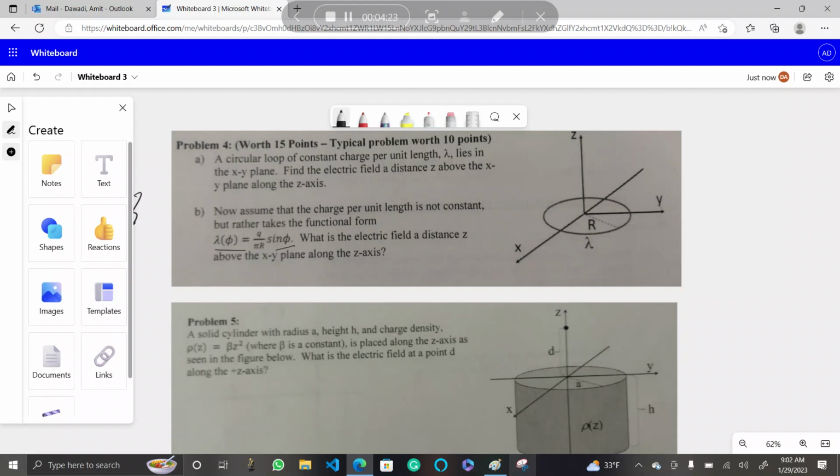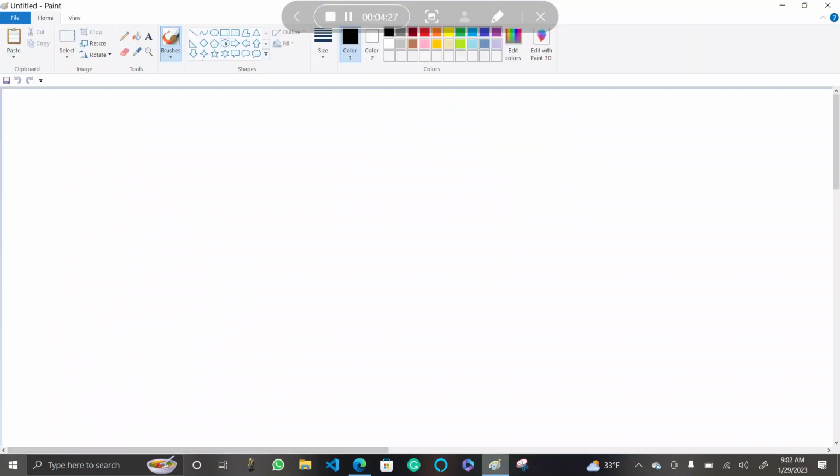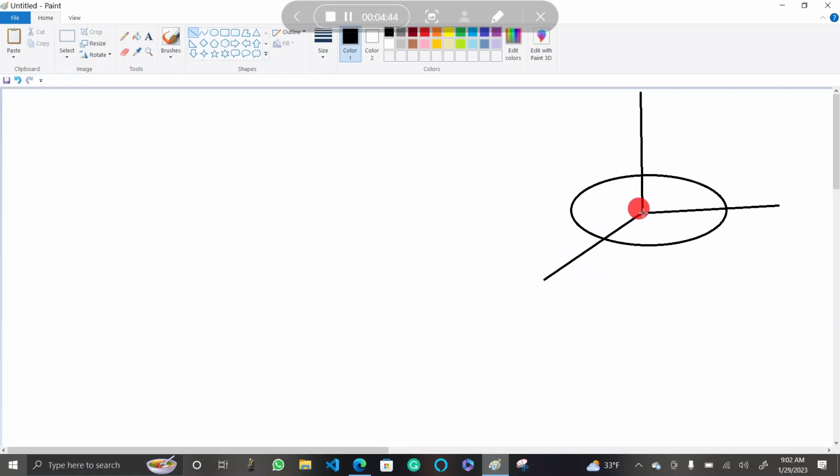I have here a circular loop. This is the x-axis, this is the y-axis, and this is the small angle.